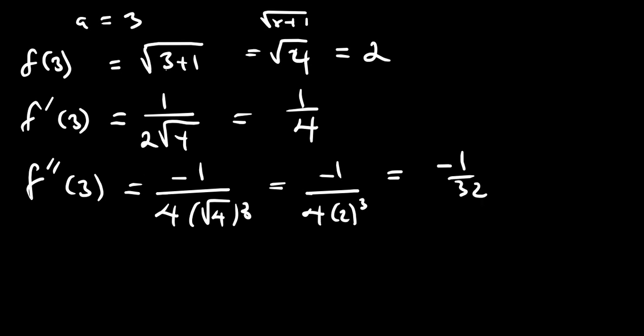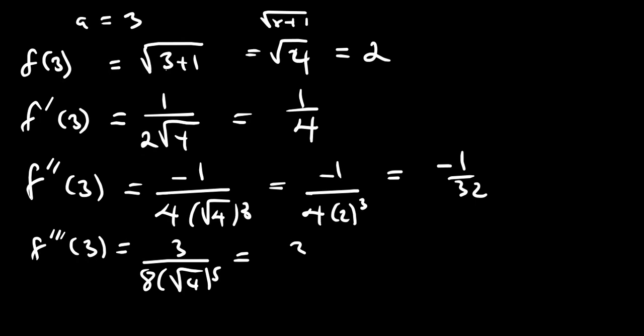Then I continue, f triple prime at 3 is going to be 3 over 8, I replace there root of 4 to the power 5, and this is going to be 3 over 8 times 2 to the power 5, which just gives me 3 over 256.